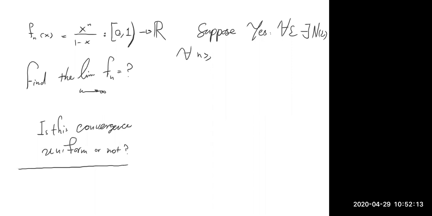numbers greater or equal than that, the distance between Fn of x and f of x would be less than epsilon for any x in the domain. Yeah, it's exactly as you said. Say we take epsilon to be 1 over 100.